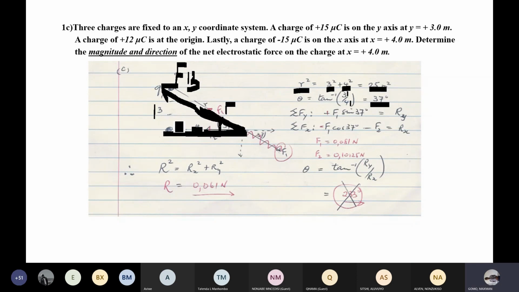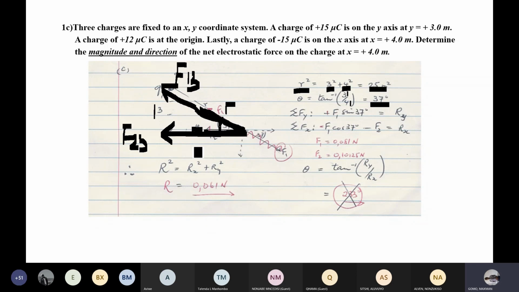Then you have this one here that we said is F2 on 3. These two. So to resolve now is to find what we call the components. So you are going to have the components on the y-axis as well as the components on the x-axis.